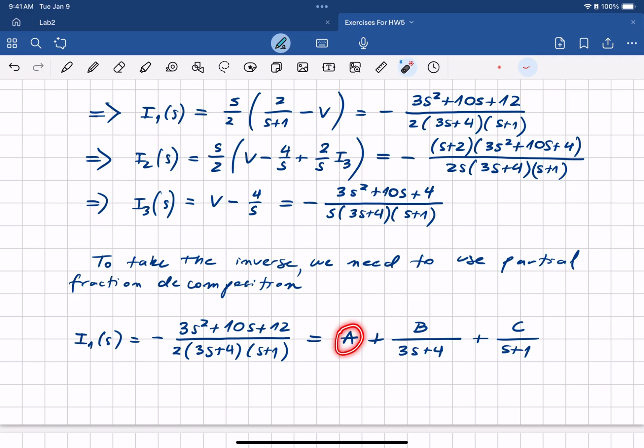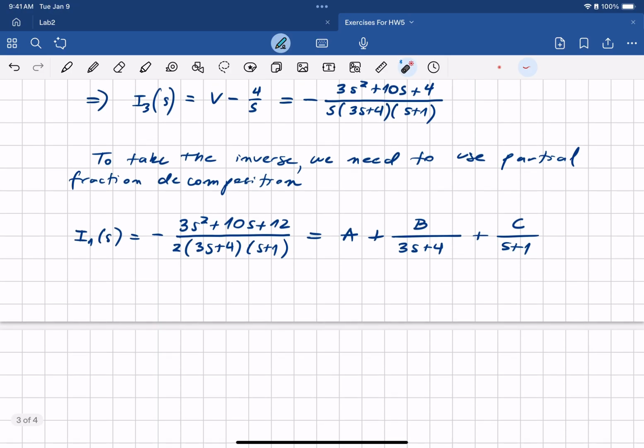Because we know the Laplace inverse of a constant value, and of a simple fraction, a number divided by something with a negative pole. In our mind, we know that it's going to come back to an exponential with a negative sign, right? Same here.